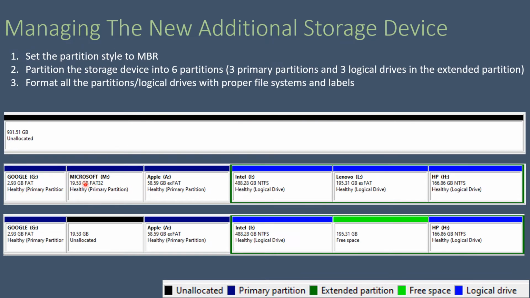For example, this is the second partition. It has a label Microsoft and the drive letter M, and I formatted it as FAT32. Again, the same thing here. This is Apple A, and I gave it the exFAT file system, and so on. For example, here NTFS, and we will see this inshallah in the practical side.